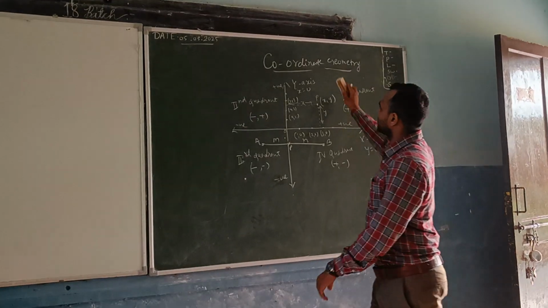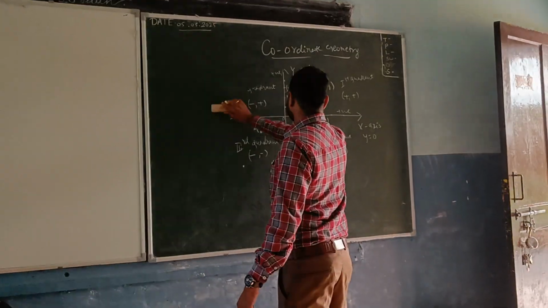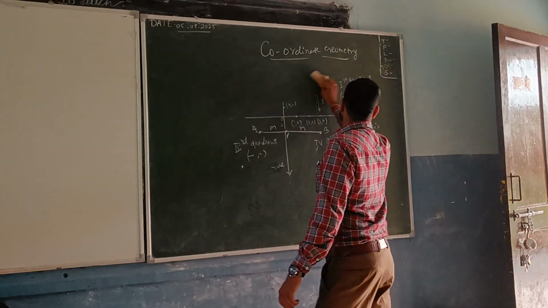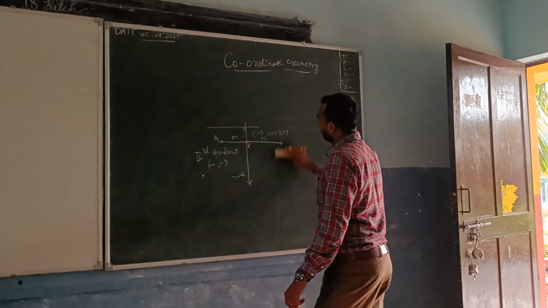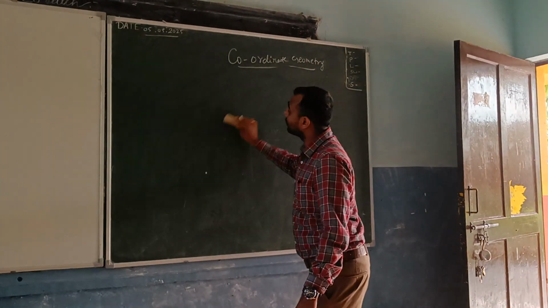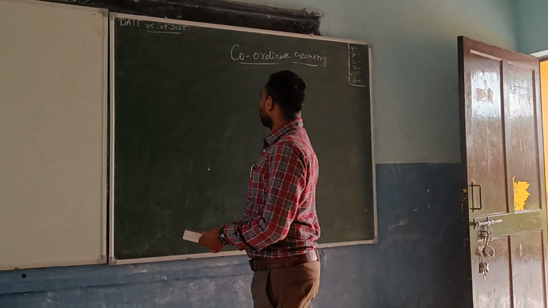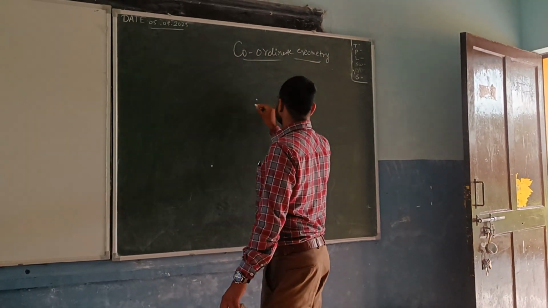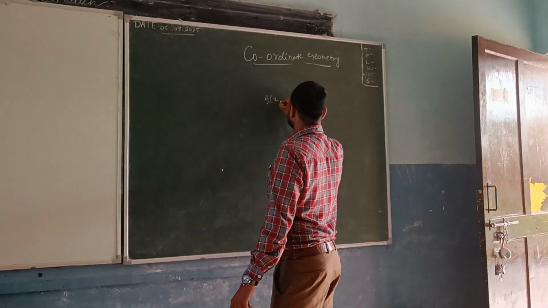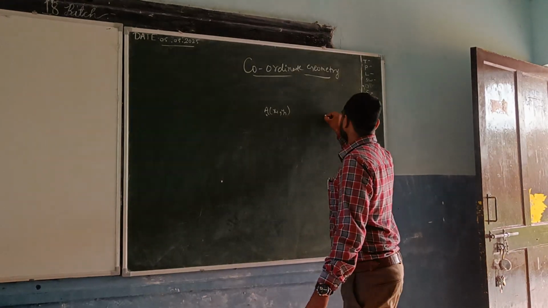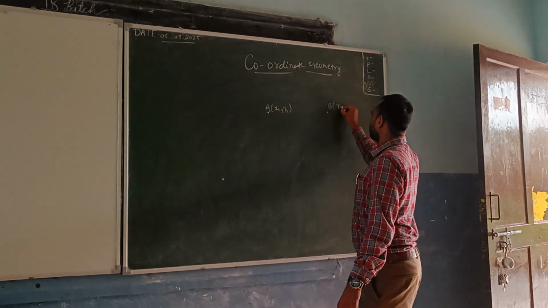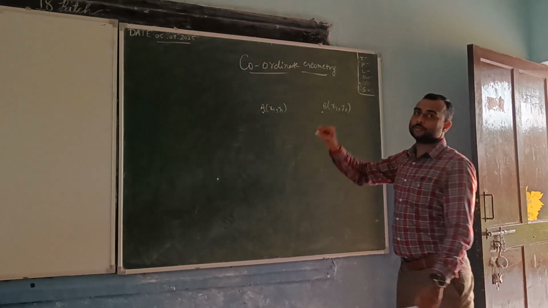Now we will first see the distance formula. How do we find the distance between two points? Suppose one point is (x1, y1) and another point is (x2, y2).